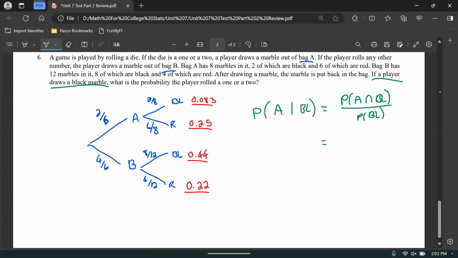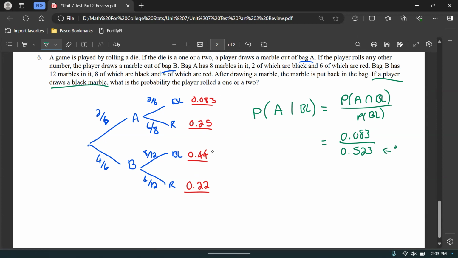Now these numbers, A and the black marble, was the 0.083, right? A and the black marble, 0.083. Out of the total of black marble, which would add these two together, 0.083 plus 0.44. So we added those together, 0.083 plus 0.44, you get 0.523. And I'm going to put on the side here how we got that.